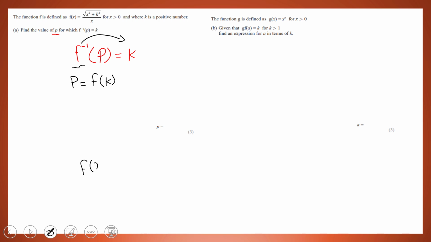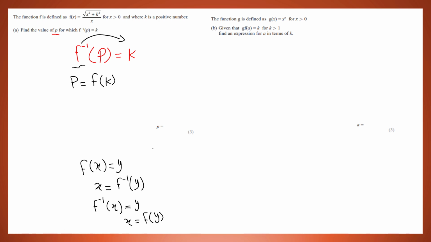If f of x is equal to y and I want to make x the subject, it will be f inverse of y. And for example, if I have f inverse of x equal to y, and I want to make x the subject, f will go there as f of y.